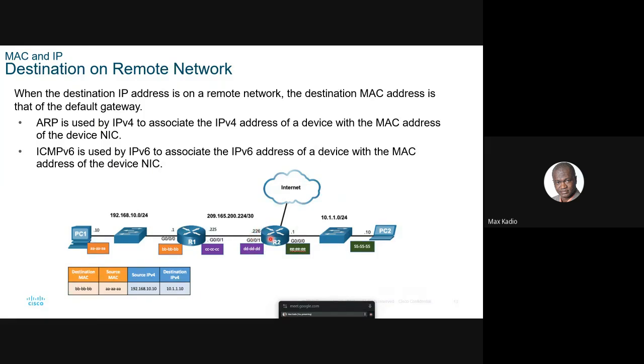When the packet arrives at router 2 and is almost reaching PC2, the source MAC address will be the interface of router 2 with interface G0/0, and the destination MAC address will be here. Then your packet will be delivered. You see?